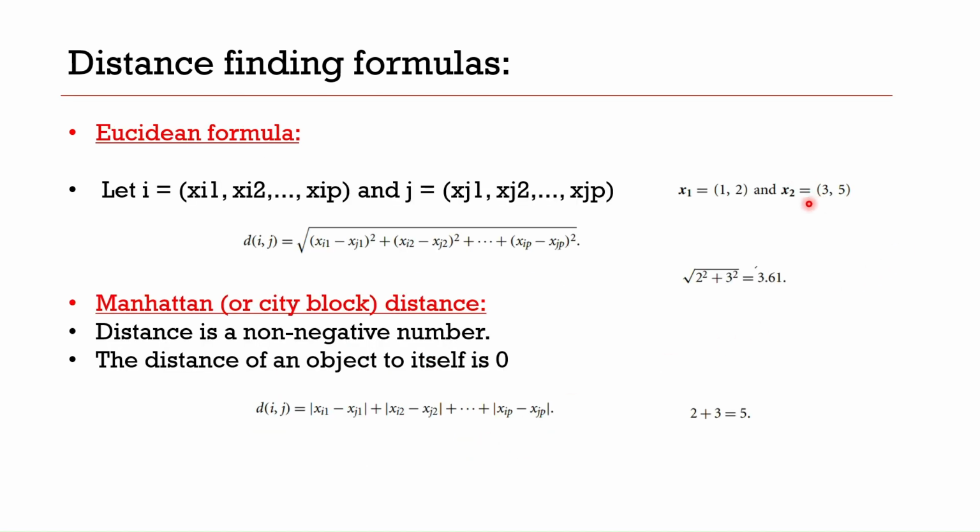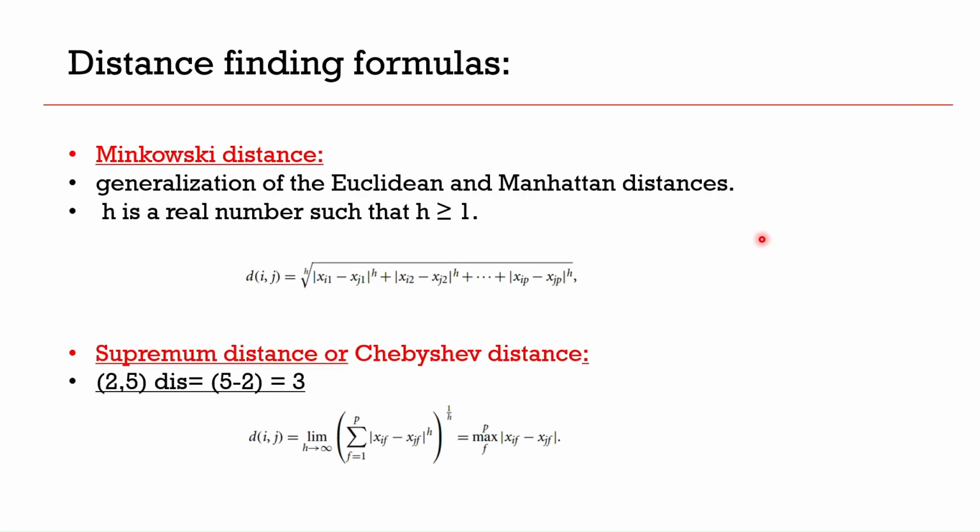For example, for the two points x2 and x1, we find the Chebyshev distance as x2 minus x1 comma y2 minus y1. 3 minus 1 is 2 and 5 minus 2 is 3. Since 3 is greater than 2, we take the maximum value, 3, as the Chebyshev distance.